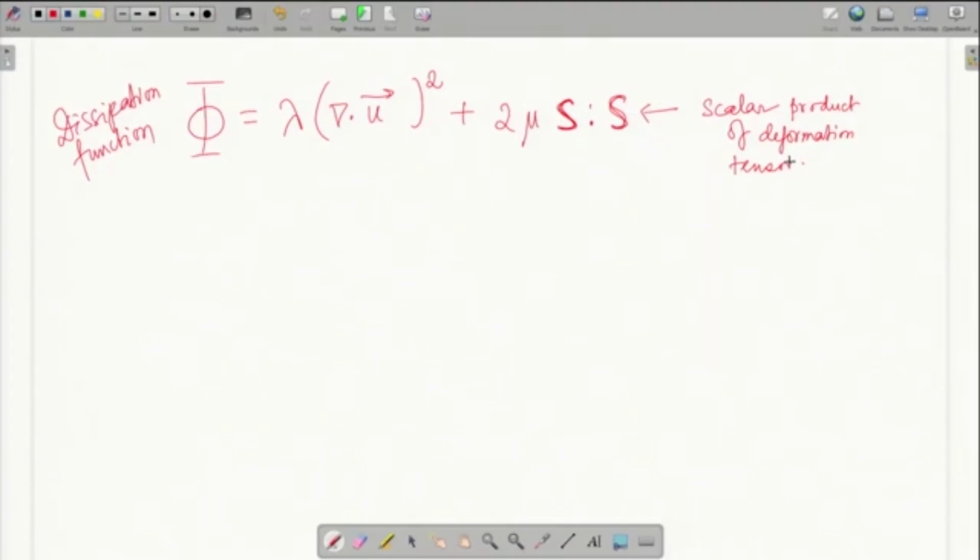So, you can also find it mentioned as rate of strain tensor in books.